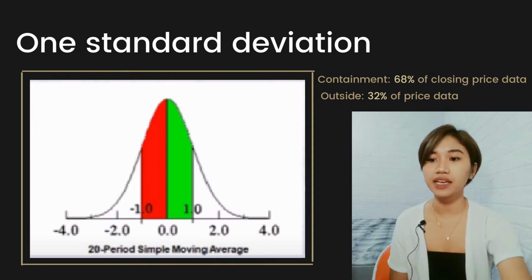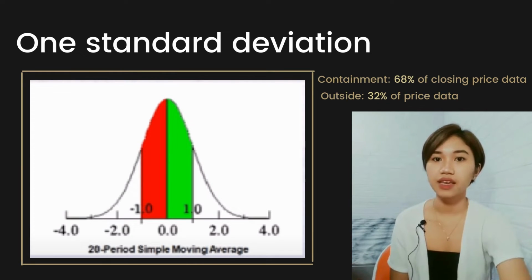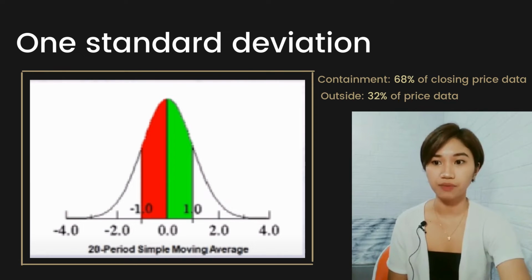If the prices are chopping around at basically the same level, the Bollinger Bands narrow. Why? Because they don't have to be wide. All they do is they want to contain the prices. They want to wrap themselves around the prices. And that's why we get this widening and narrowing of these Bollinger Bands.